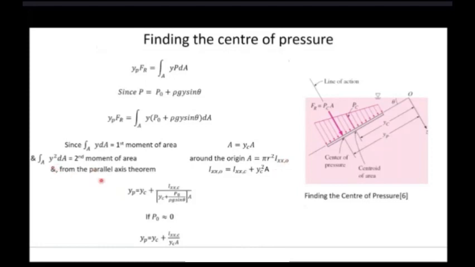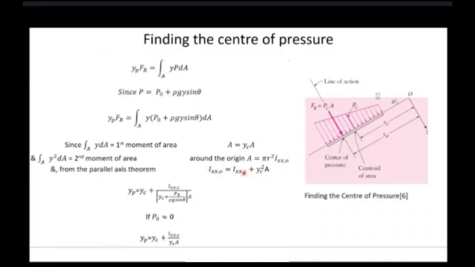We also know from the parallel axis theorem that if we want to calculate the second moment of area around the origin, or around a vector which is parallel to our centroid, we just calculate the second moment of area of the centroid and we add y squared A. So that will give me the second moment of area around a distance from the centroid.